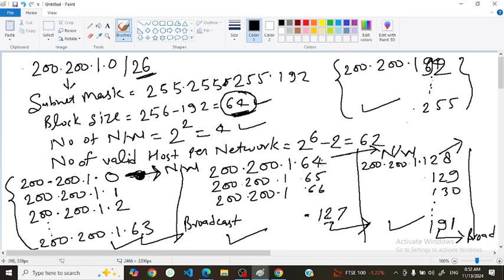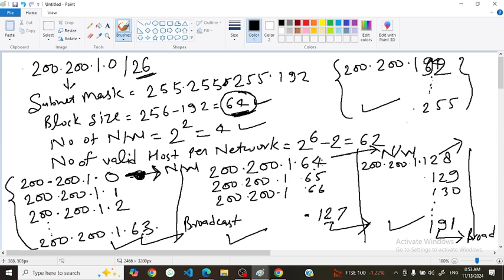So it will start from 0 to 63. 0 to 63, how many numbers? 64. So here 64 numbers will come, and the first one will be the network ID and the last one will be the broadcast ID. So in the next network we will start from 64.